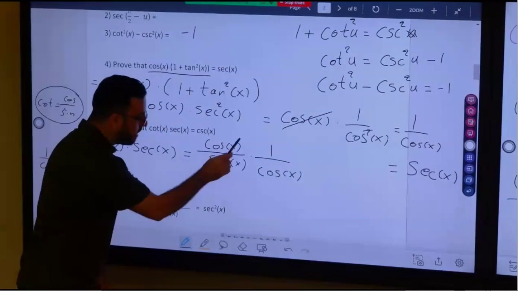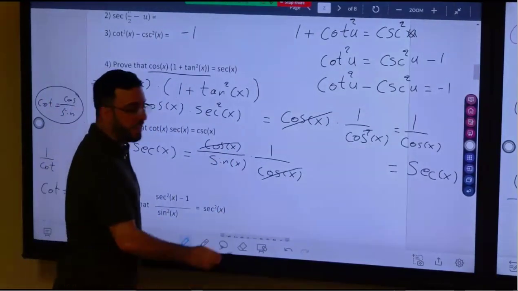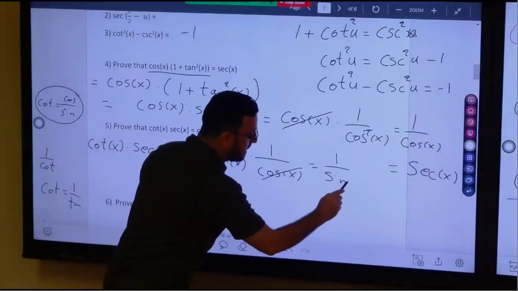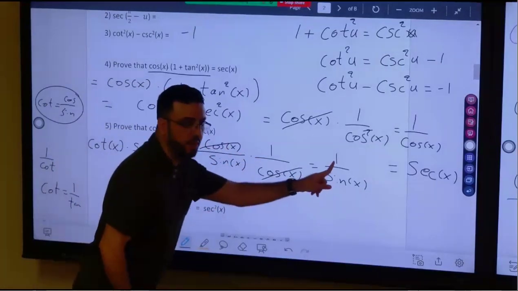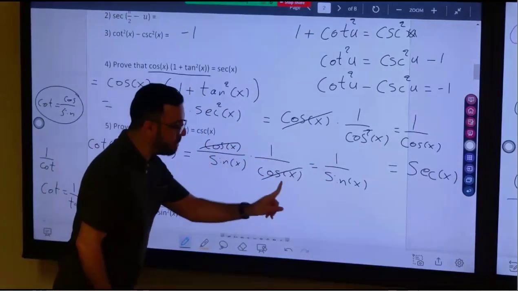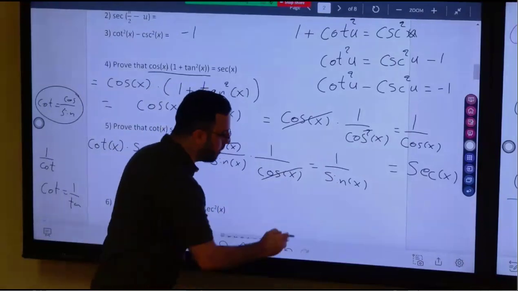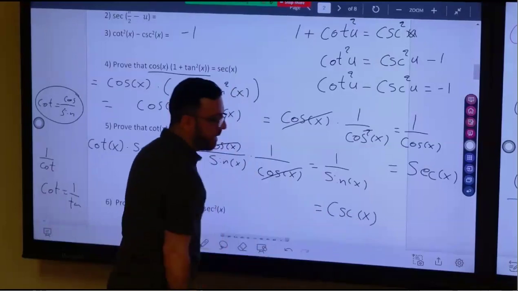Now, can I cancel this cosine with this one? Yes. What's left? 1 over sine x, because 1 times 1 is 1, and sine x times 1 is sine x. Now, 1 over sine x equals what? Cosecant.